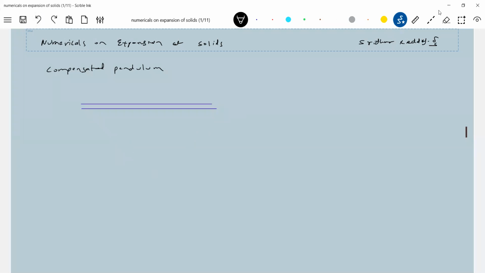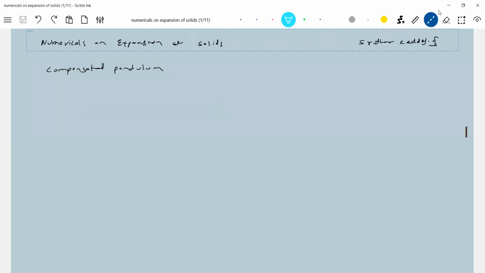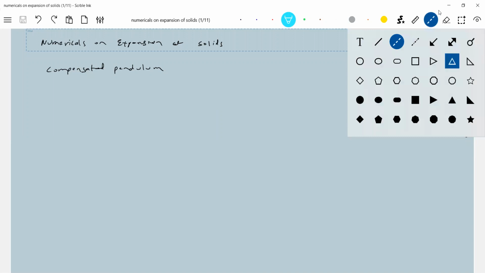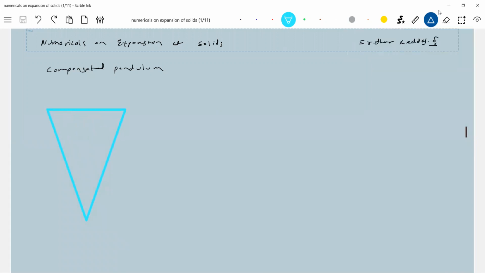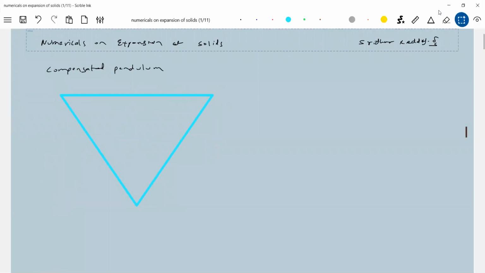This is the length of this one. So here I'll suspend a bob. I think the problem will be solved.